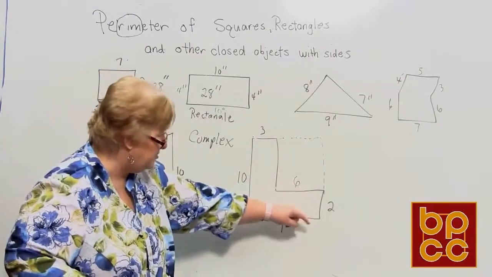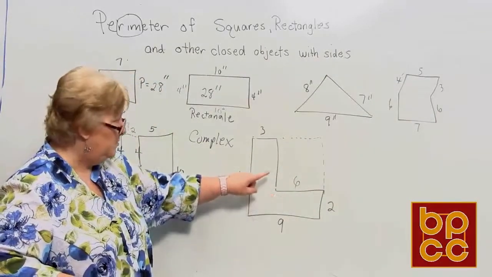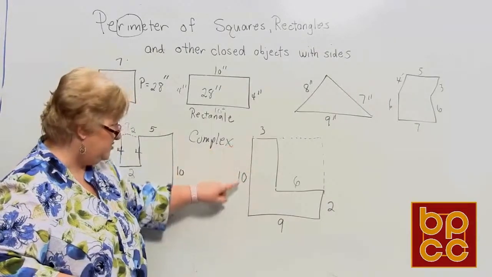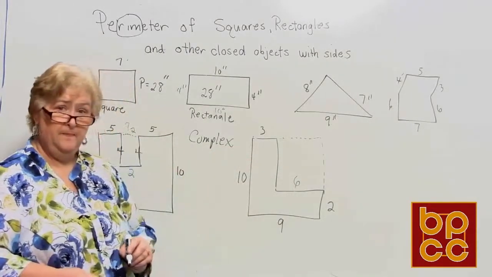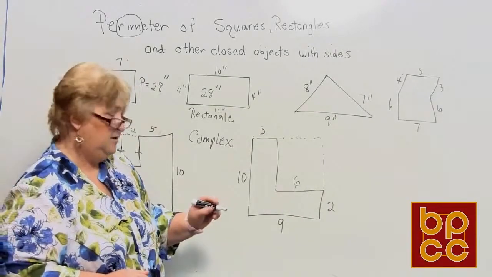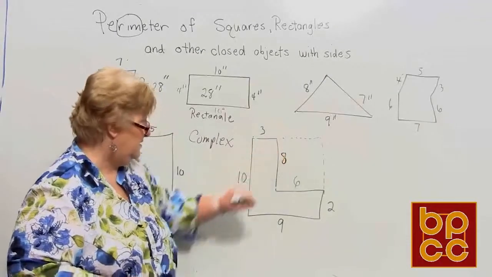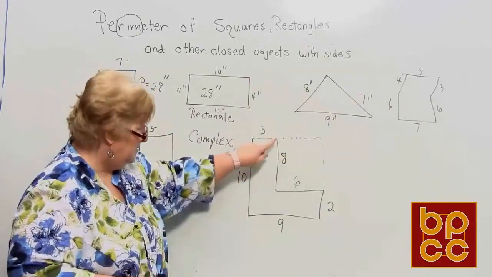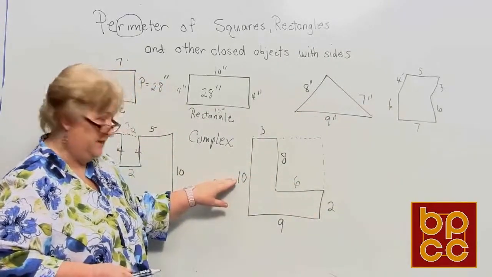So this vertical is 2 plus the unknown vertical. 2 plus something has to equal 10. So what do you think is going to go right there? You say 8? Let's try. Okay. Well, let's see. Vertical 8 plus vertical 2 is equal to vertical 10.